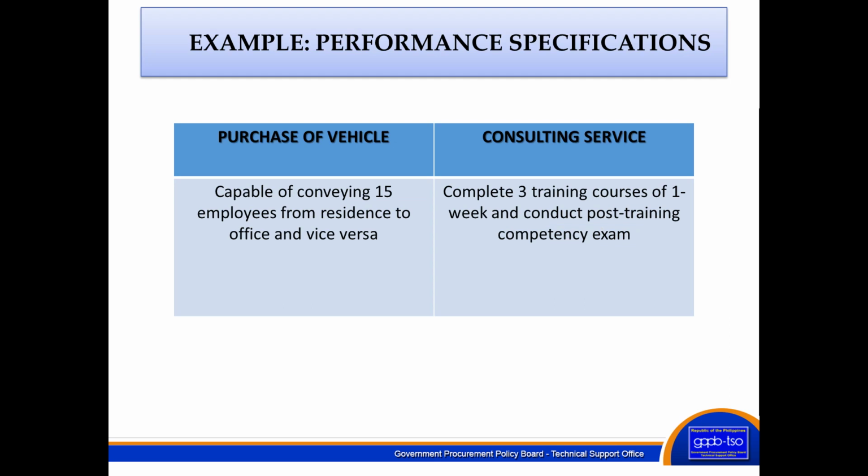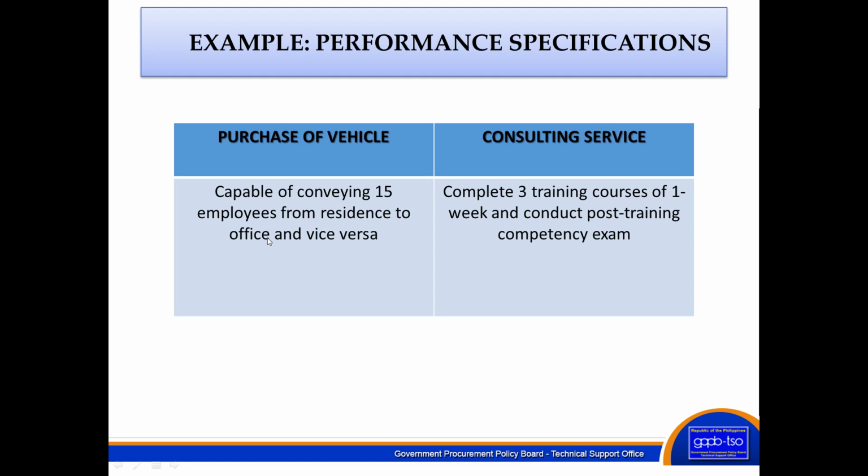So next, performance specifications. On the performance specifications, on the purchase of a vehicle as an example, we have capable of conveying 15 employees from residence to office and vice versa. Notice that in here, the capability of the vehicle is already quantified by the number.